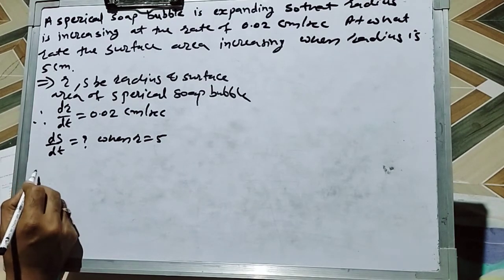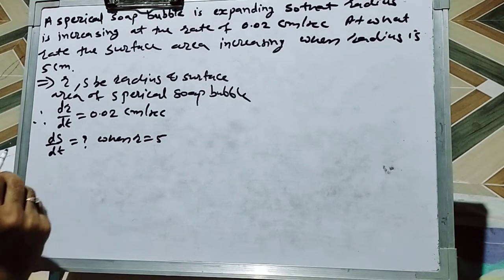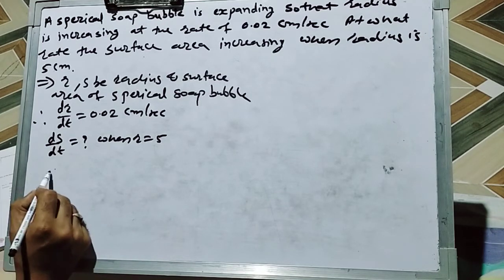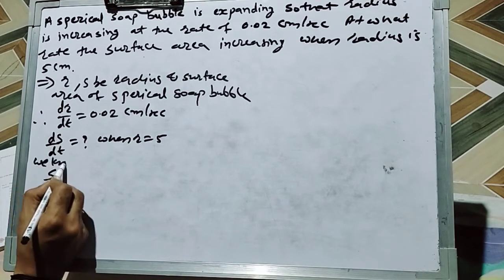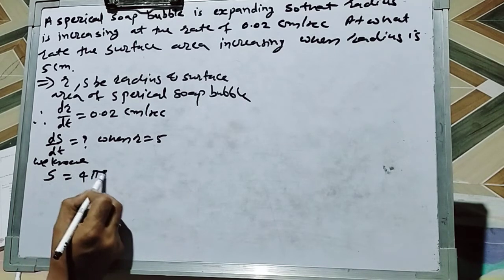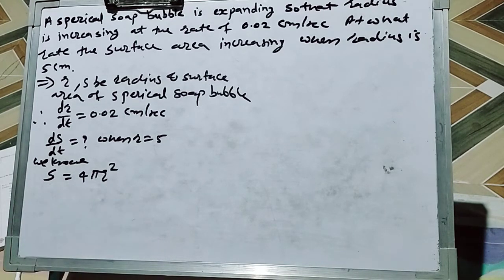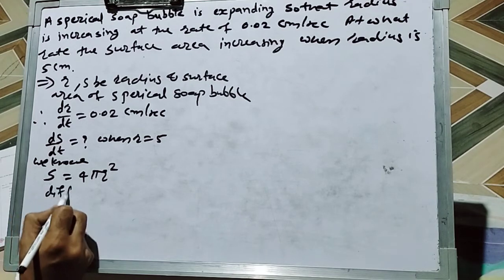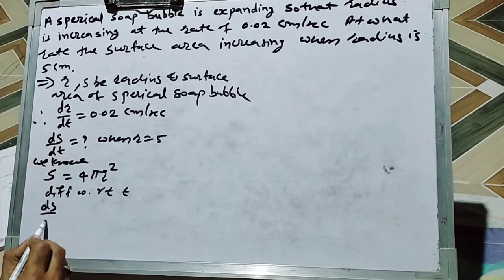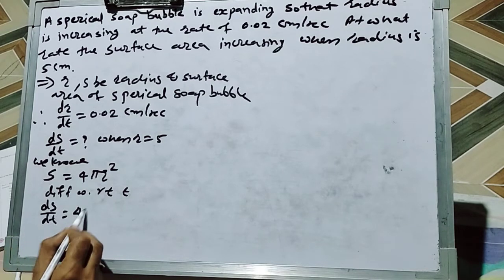So therefore, we know the formula for finding the surface area of sphere is S equal to 4 pi r square. So differentiate with respect to t. So here dS by dt is equal to 4 pi.